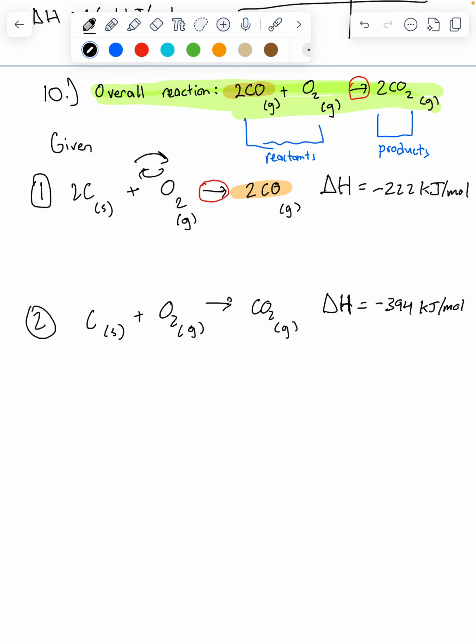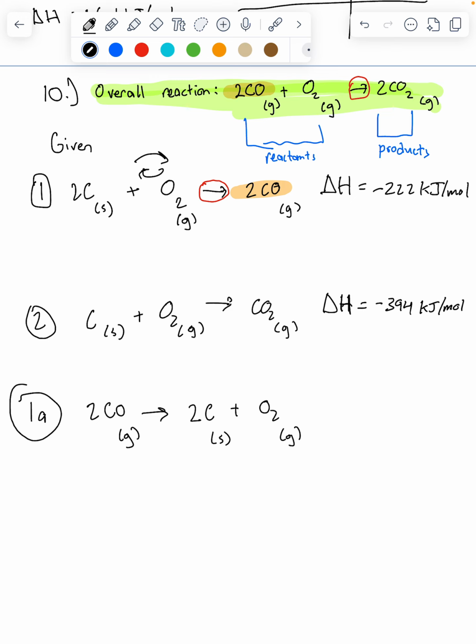So I'm going to put 1A at the bottom for our adjustment, and we're going to flip this equation. So you get 2CO makes 2C plus O2. We'll include the states of matter, so G for gas, S for carbon, G for oxygen there.